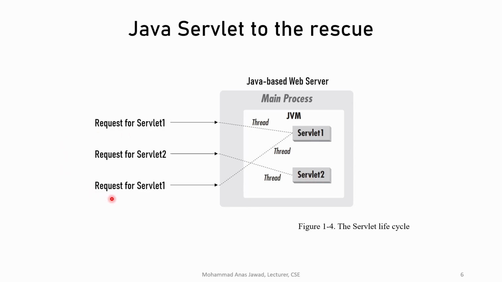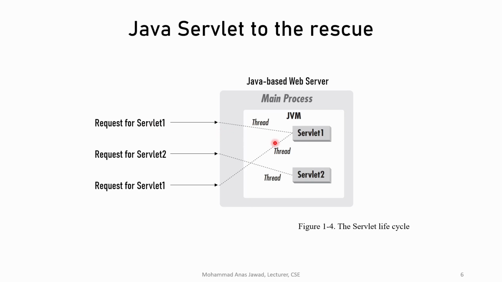Now, we have a third request, but this time this request is coming for our servlet 1 again. So instead of creating a separate process, you can see that we are simply creating a new thread here, which is calling our servlet 1. From this, you can understand that we have a single process running in our application server, and the single process is generating a new thread for each new request that is coming to the server.